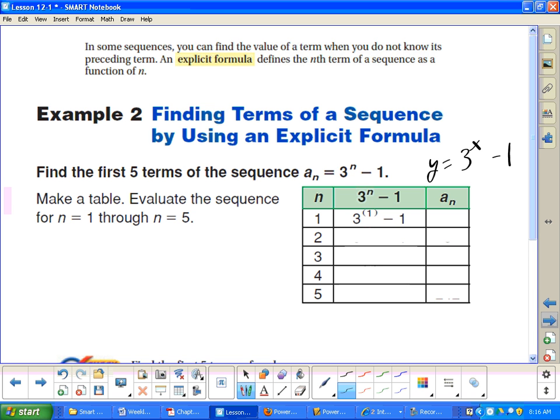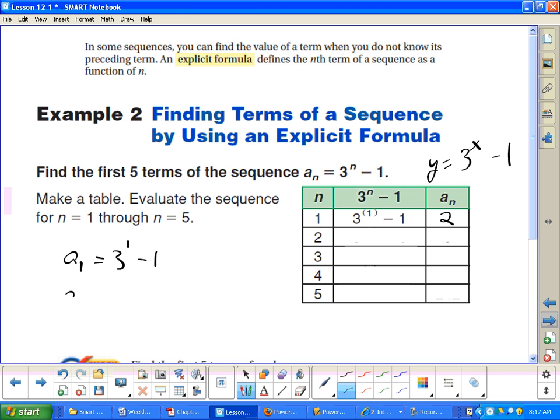So for the recursive formula, I take the answer I have now to get my next answer. For the explicit formula, we just put the term number in for n, and that gives us our new value. So for instance, a sub 1 would be 3 to the first power minus 1, or 2.